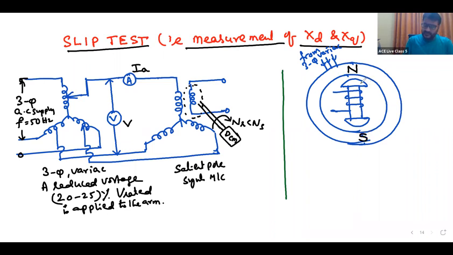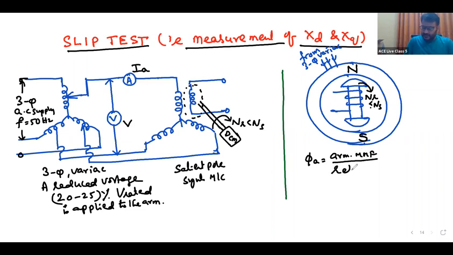But the rotor is driven at less than synchronous speed. NR is less than NS. And what we are doing, once adjusted, the flux is constant. Flux constant means V by F ratio is constant. Armature flux phi A is equal to armature MMF divided by reluctance.